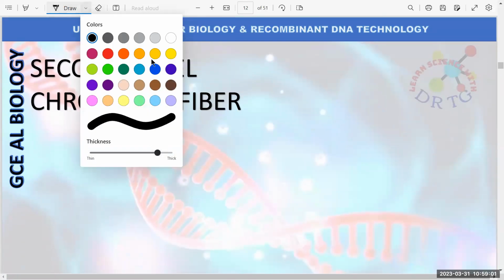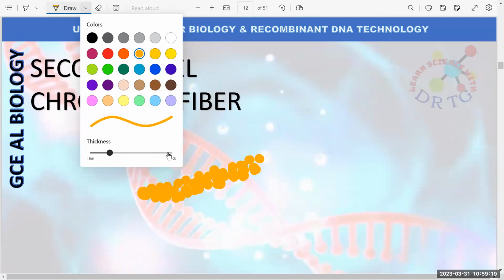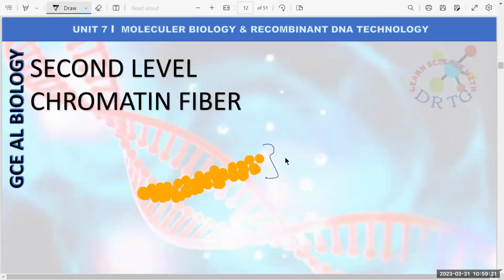Then the chromatin fiber is the whole collection of these histone proteins like this. And this is around 30 nanometers in diameter. So if I draw this one, the DNA molecule, I can show something like this.